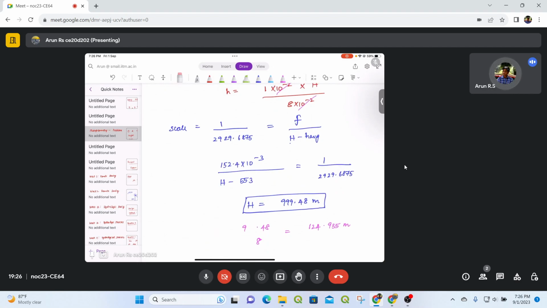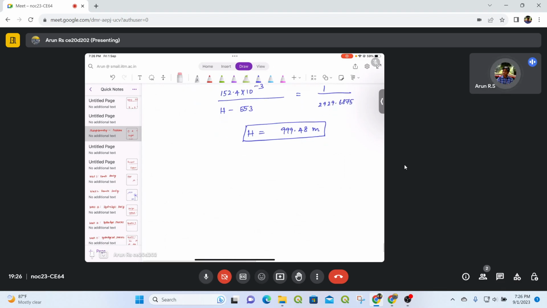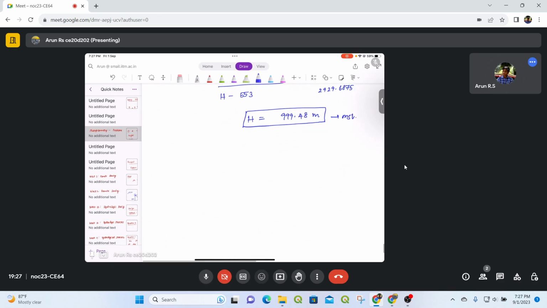Now we need to determine the height of the tower, which is the small h. But this height is with respect to the mean sea level. Since we need to find the height above the base of the tower, we need to subtract that effect.